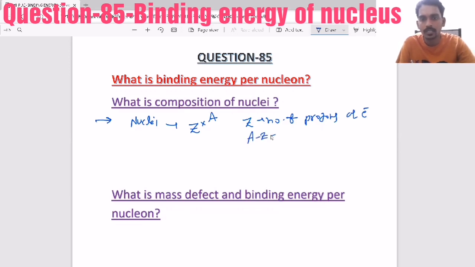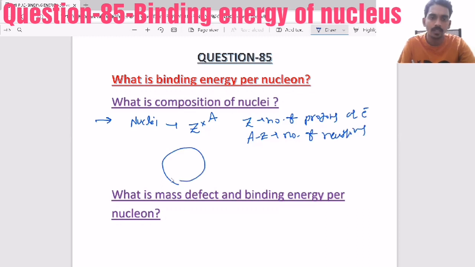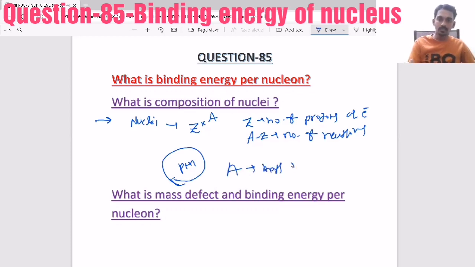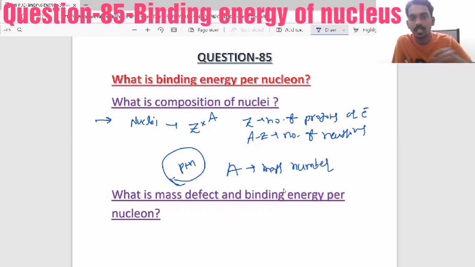And A minus Z is the number of neutrons. So every nucleus is made up of protons and neutrons. The total number is called A, the mass number.